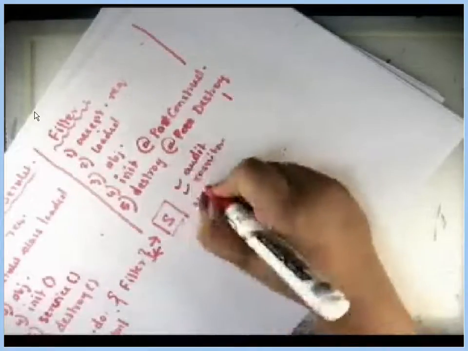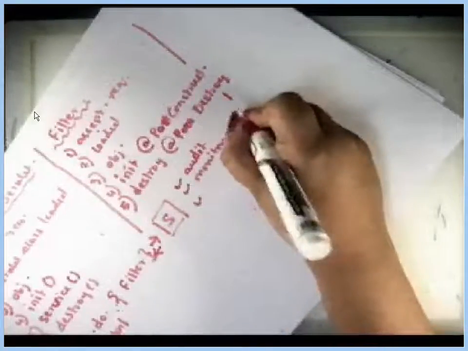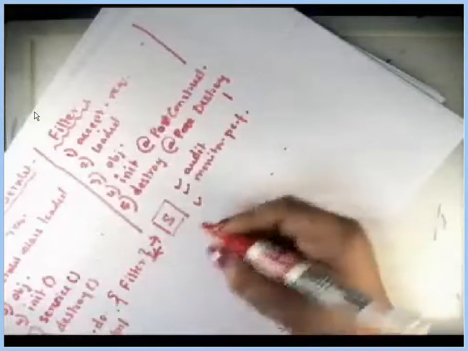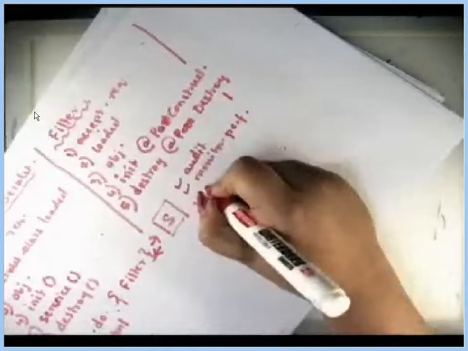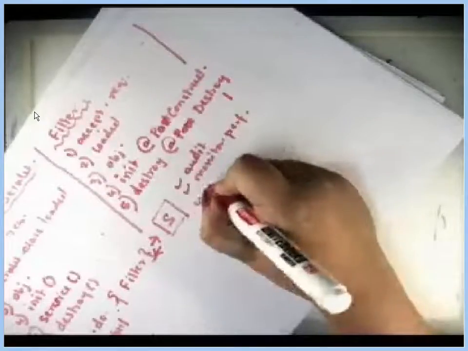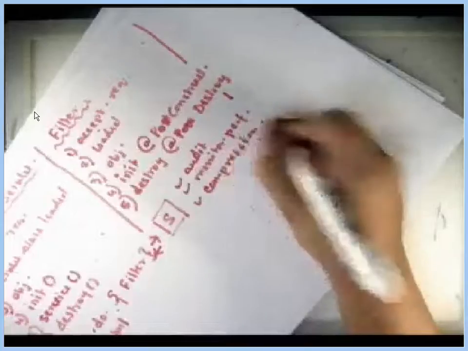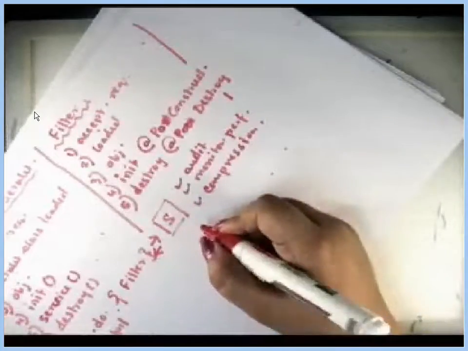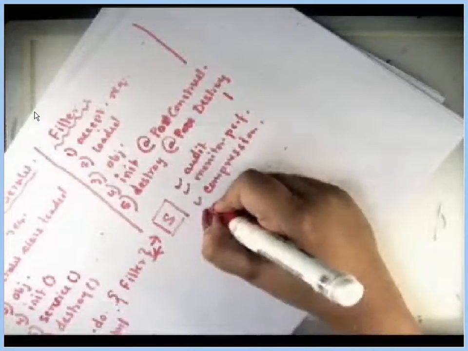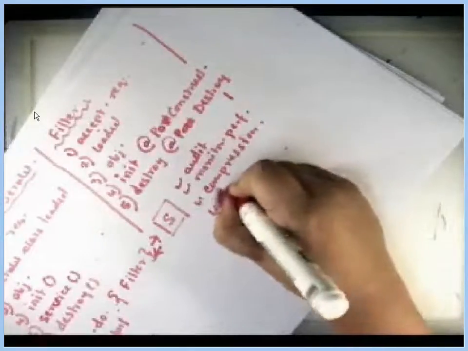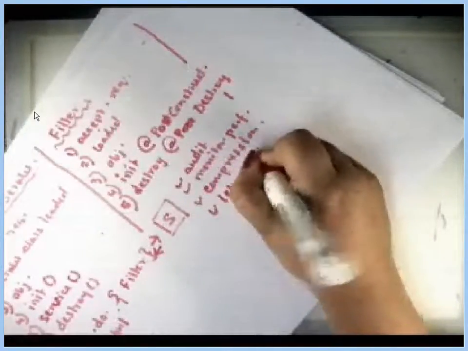It can also go for, let's say, compressing some files or the response if required. And it can also let users access based on roles. So these are a few benefits that the filter is going to provide.